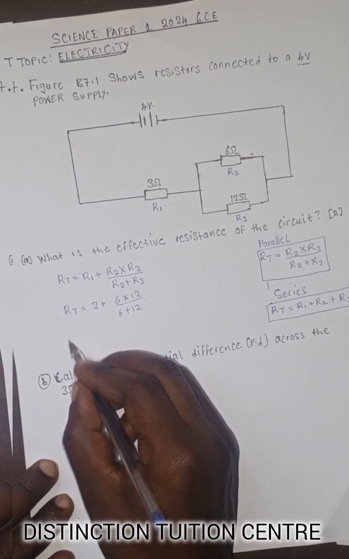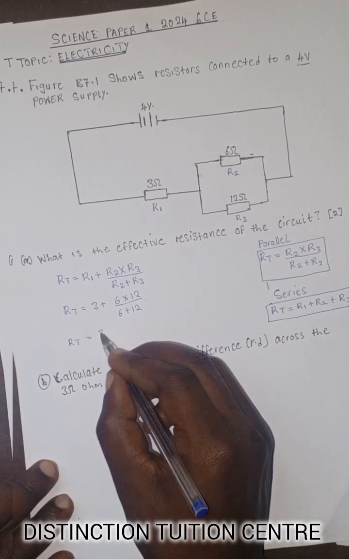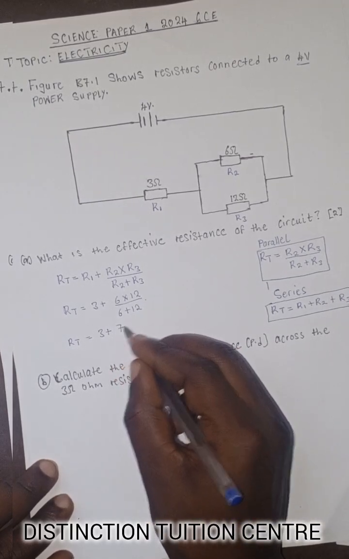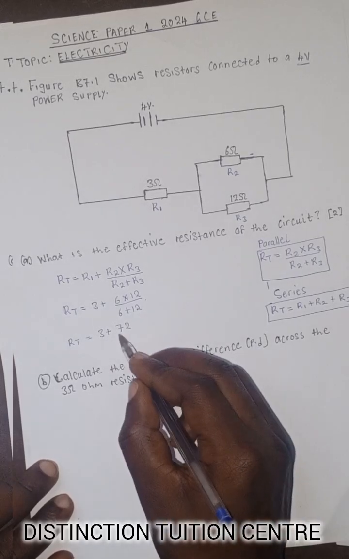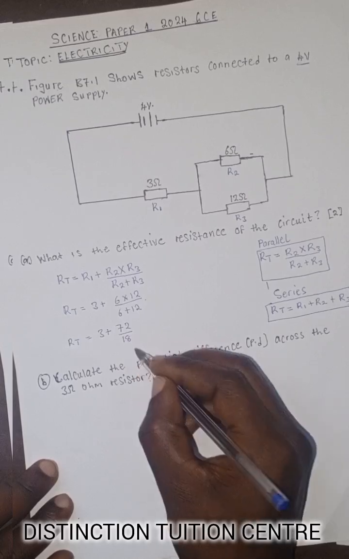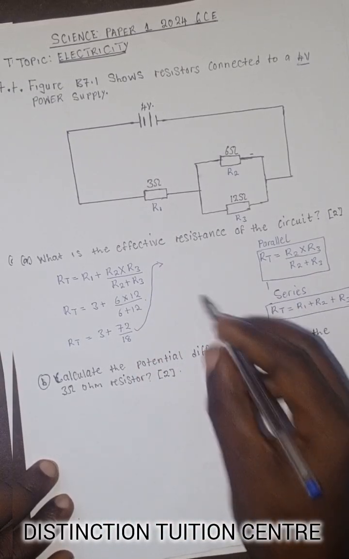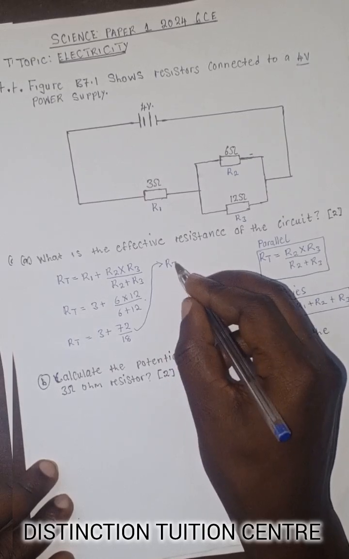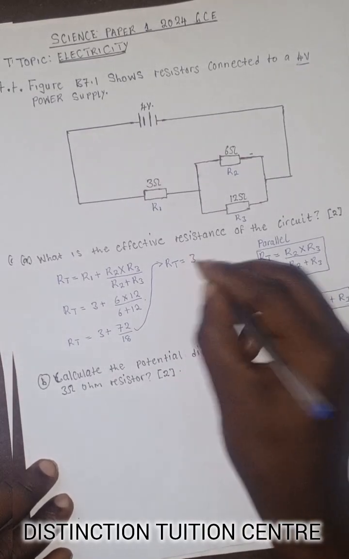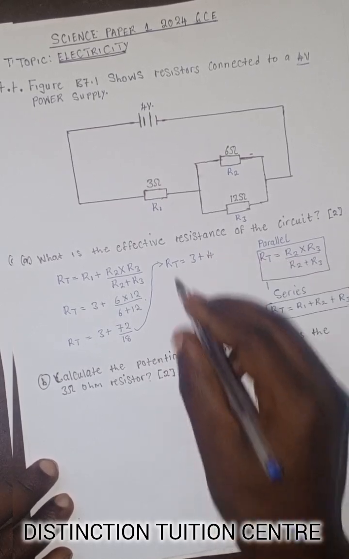From this point our total resistance is equal to 3 plus 72 over 18. Simplifying, we get 3 plus 4.